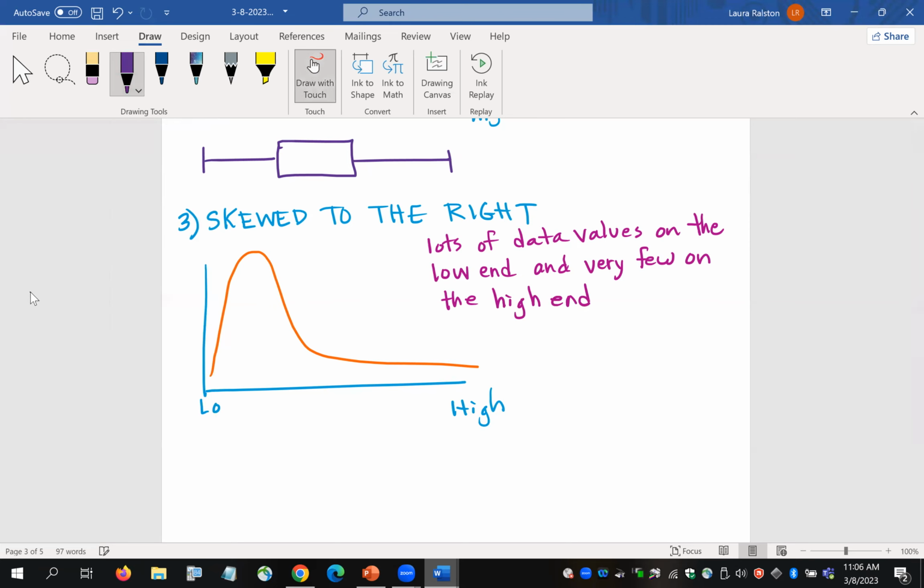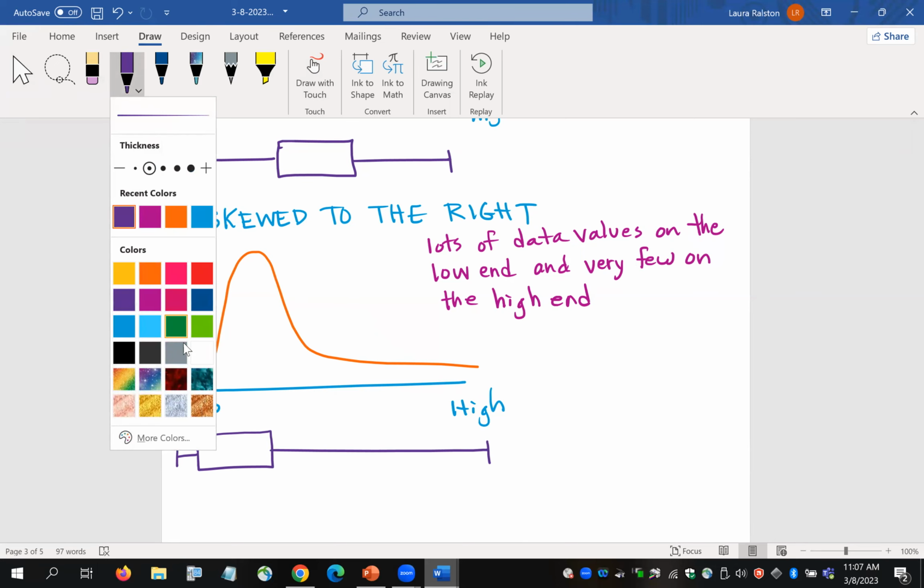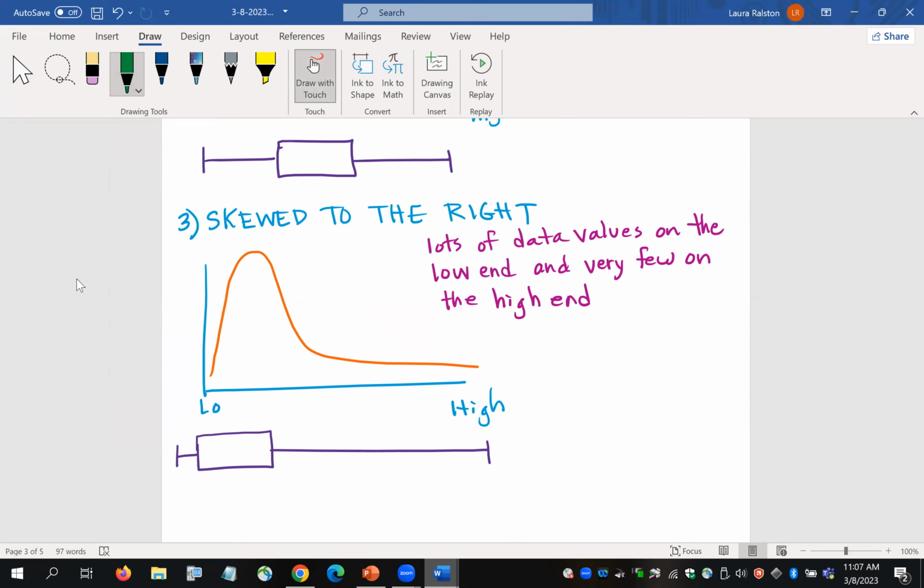With a box plot, your box would be on the left or on the low end. And in this case, the mean is greater than the median. Okay, so those are the three.